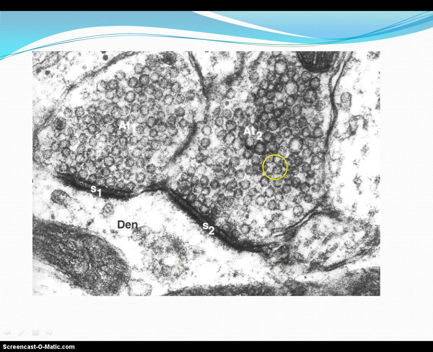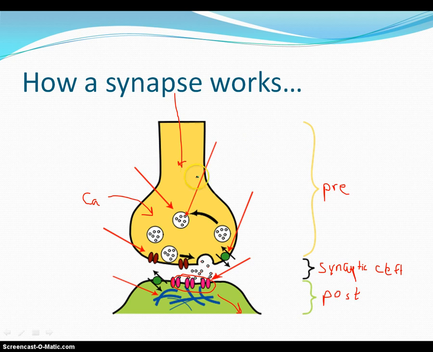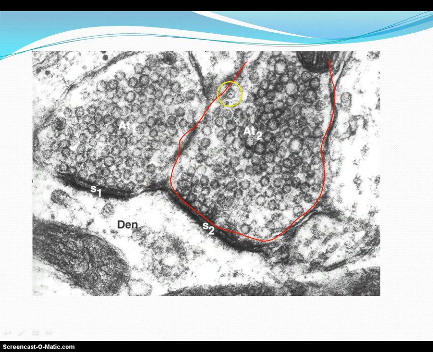Here I have a pretty cool diagram. This is actually real life. This is a microscope image of a synapse. What I'm circling here is the axon terminal, which is represented in yellow in the other diagram. Also right here, same thing.